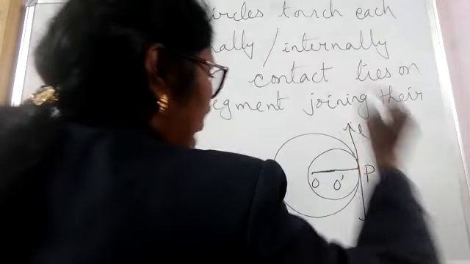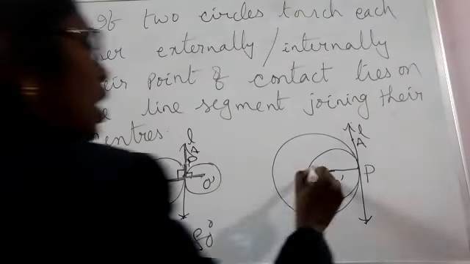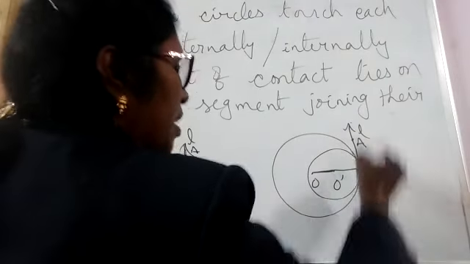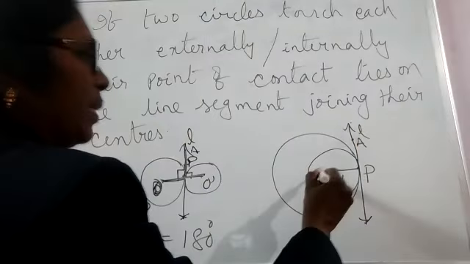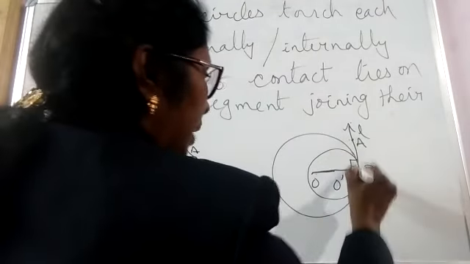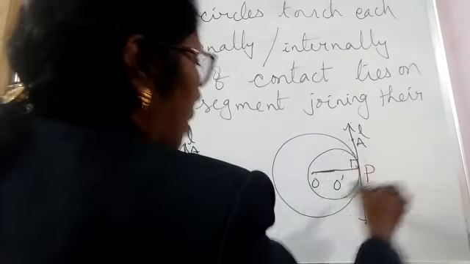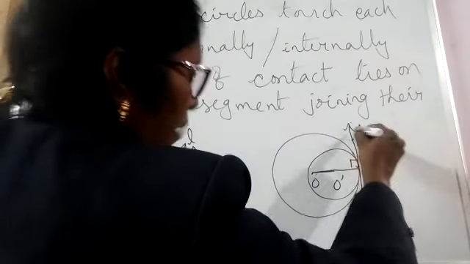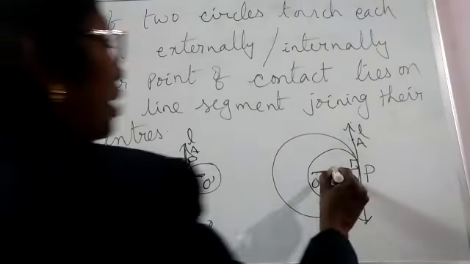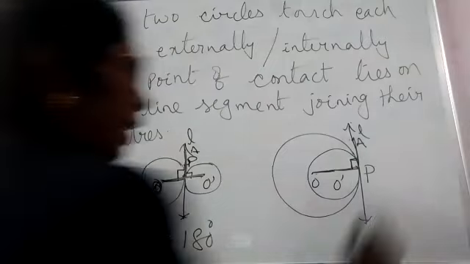And if the tangent is L, let me name a point on it as A here. O is the center of the outer circle. P is the point of contact of this tangent and the radius. So angle OPA is 90 degrees. Same way, O dash is the center of the smaller circle, and to this smaller circle also L is the tangent. So angle O dash PA is also equal to 90 degrees.